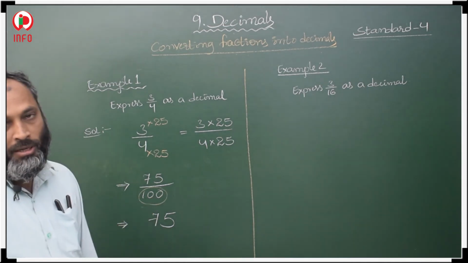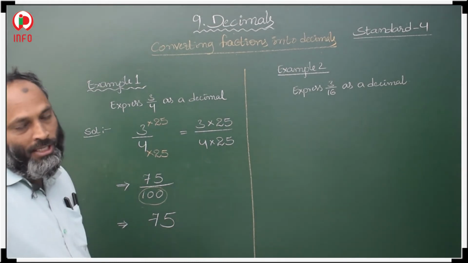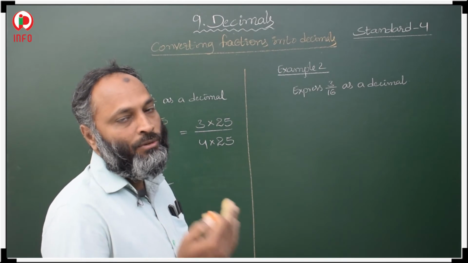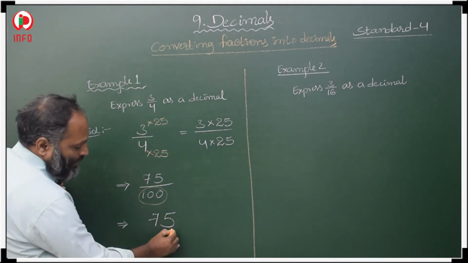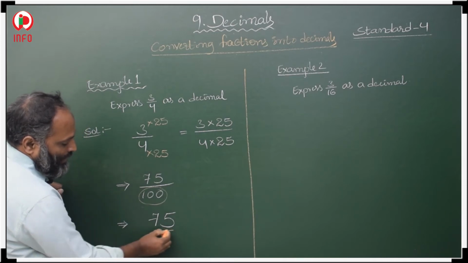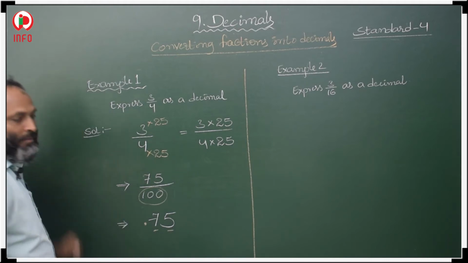If in the denominator you have 2 zeros, then you have to keep the decimal after 2 digits from right to left. This is the first digit, this is the second digit. After 2 digits, we keep a decimal.